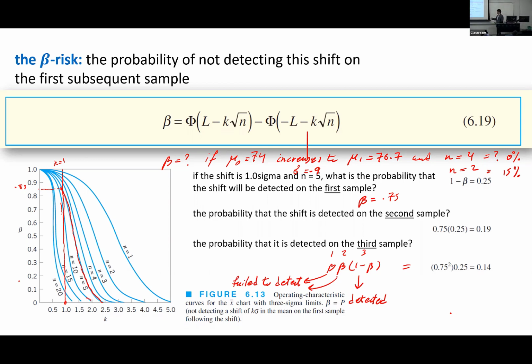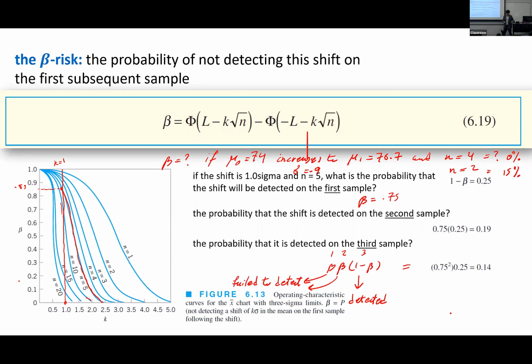Like the first time I take a sample, I catch it. Let's say I'm taking samples every day, and I'm talking about every month. The first month, first time you caught it. Second month, the third sample you caught it. Next month, the fifth sample you caught it.